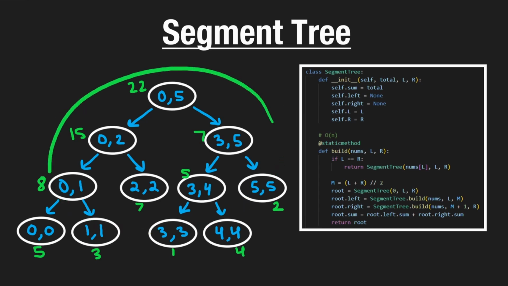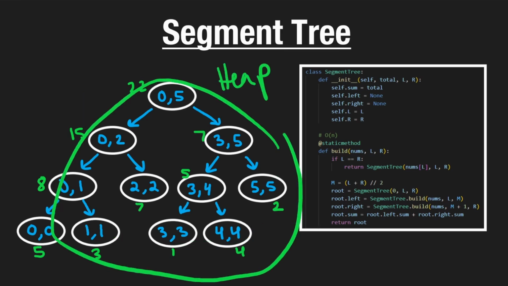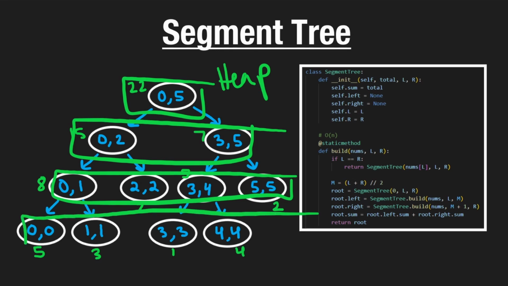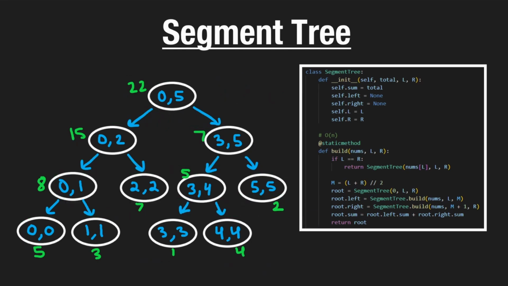Another observation about this tree is that it's sort of like a heap, actually. Heaps are full binary trees. It means that every level in the tree is going to be full except possibly the last level. But this is not quite a full tree in this case, because another property of heaps is that if the last level is incomplete, the nodes will be filled from left to right. But here you can see that we would have 2 nodes that are children of this node, but we don't.